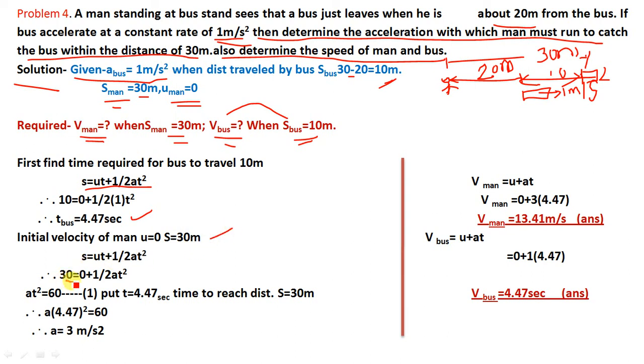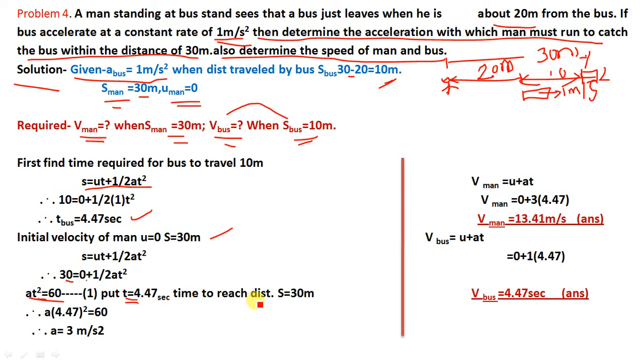Initial velocity of the man is 0 when s is equal to 30. So s is 30, u is 0, so 1 half at square. So you will get the value of at square is equal to 60. Now put t is equal to 4.47, which we got from the first.